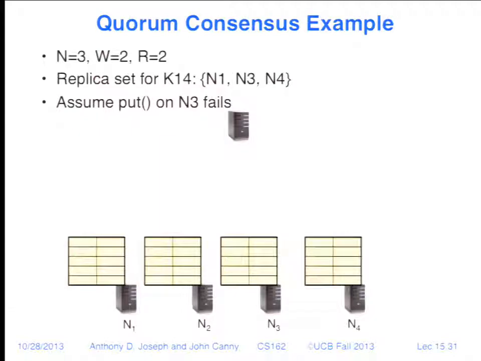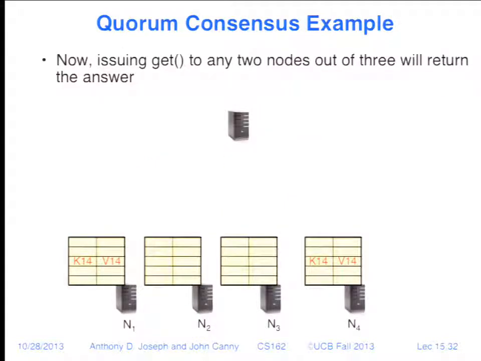All right, here's an example. We have a three-way replication and a write threshold of 2 and a read threshold of 2 as well. And we're replicating on these three nodes, N1, N3, and N4. And let's assume one of the operations fails, so the write to N3 doesn't work. Then the other two nodes, though, should acknowledge that the operation succeeded. All right, so now issuing a get. The data is missing from the middle node, but it is on the other two.